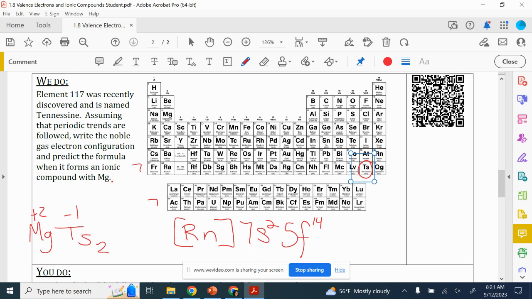So what am I going to write down? 6d10. And then finally 7p. And it's going to be 1, 2, 3, 4, 5. And there's my noble gas configuration for tennessine. And I believe that's all I have to do.